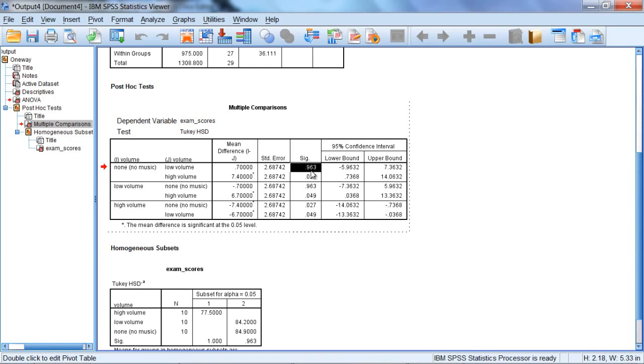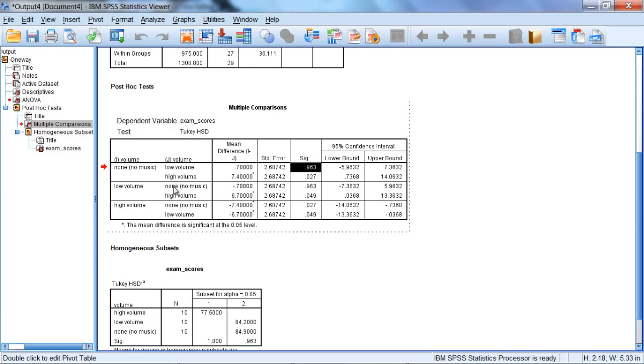Here the p-value is 0.963. And we use the same decision rule as always. If p is less than or equal to 0.05, there's a significant difference between the groups. If p is greater than 0.05, there's no significant difference. So here we can see that no music and low volume is not significantly different, since this is greater than 0.05.